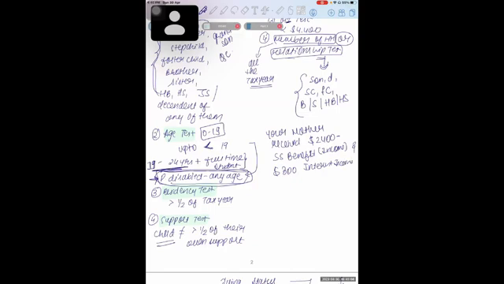Now she paid $2,000 for rent and $400 for some recreation activities, like some art activities. And she put $300 in a savings account.